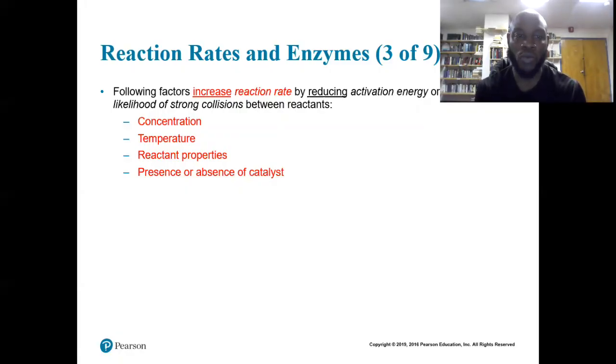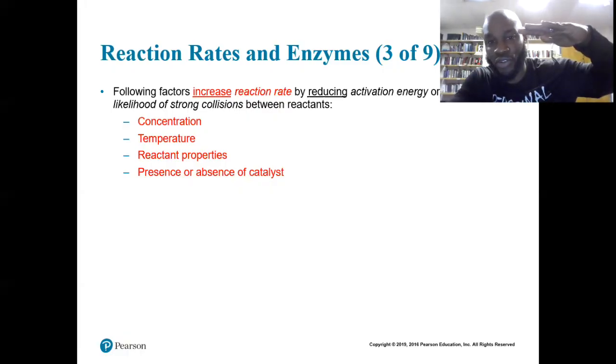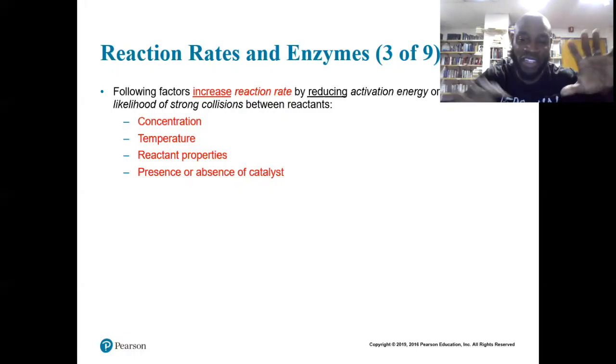Okay, so we have concentration. The more reactants that we have, the more likely they're going to bang into each other, so the more likely they would react. Increasing the temperature. Heat is energy. Increase that energy, increase that temperature. The hotter something is, the more it's going to move around.